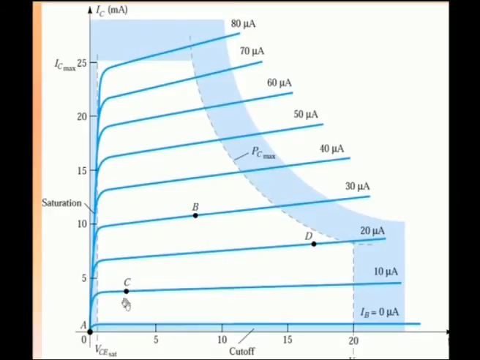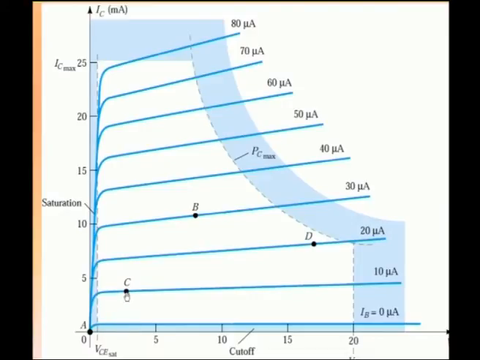If you choose this point, the point C, it is closer to the 0 level. When you look at the current, it is closer to 0 level, and the voltage is also closer to 0 level.